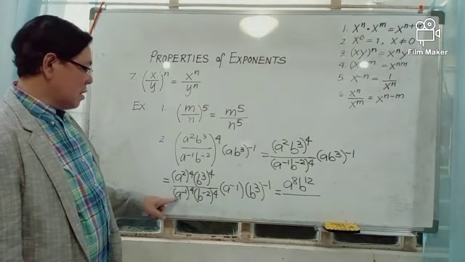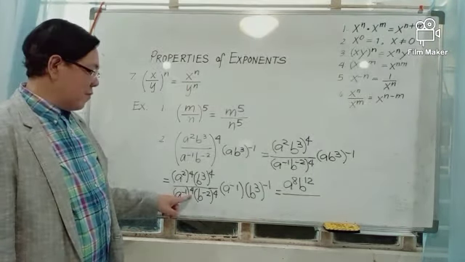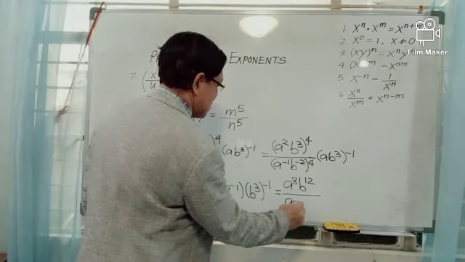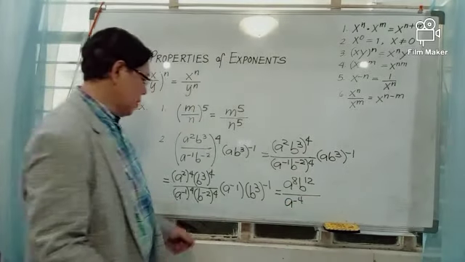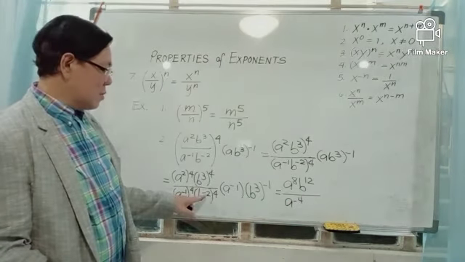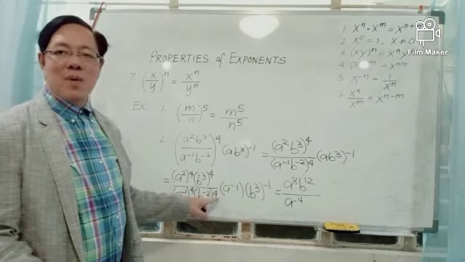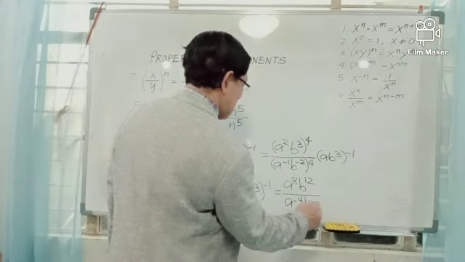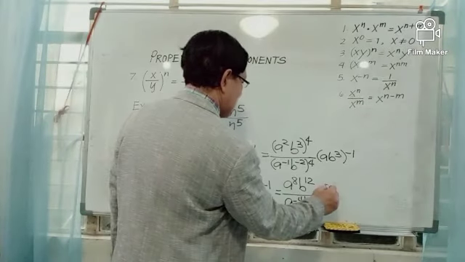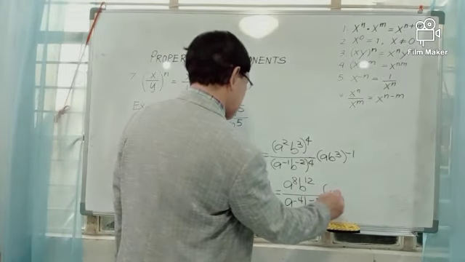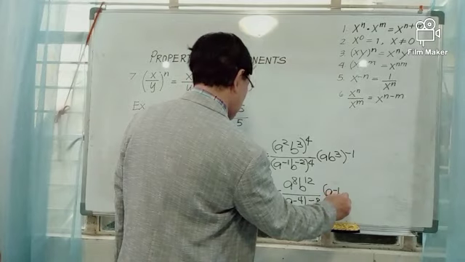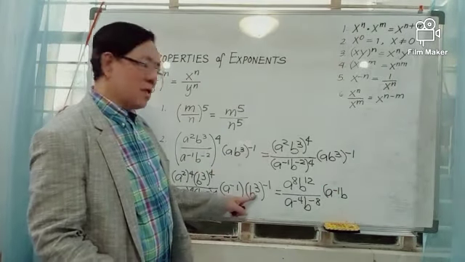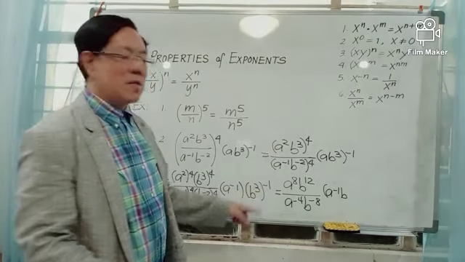Over a raised to negative 1 times 4, which is negative 4, multiplied by b raised to negative 2 times 4, which is negative 8. Multiplied by a to the negative 1, times b raised to 3 times negative 1, which is negative 3.